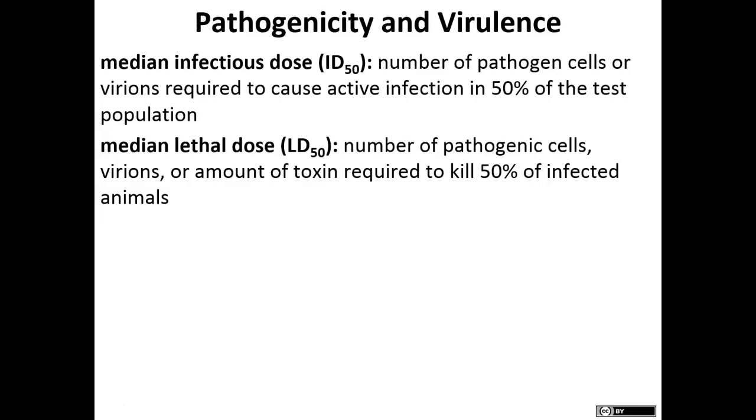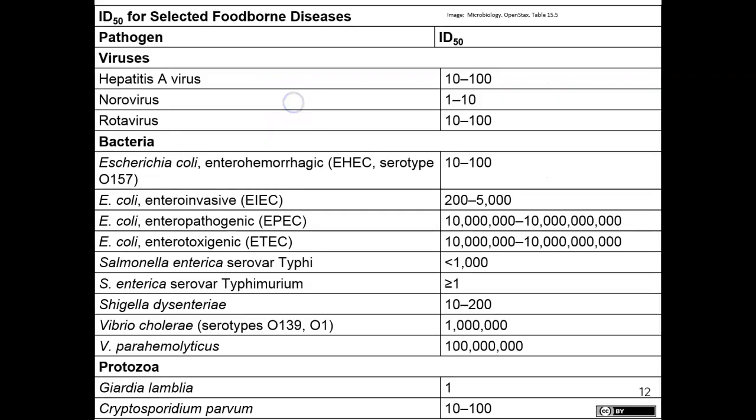Median lethal dose is the number of pathogens or virions that is required to kill 50% of an infected population. Here we have viruses up here. For the norovirus, this isn't looking at lethal dose, this is looking at infectious dose, and this is your table from the textbook.